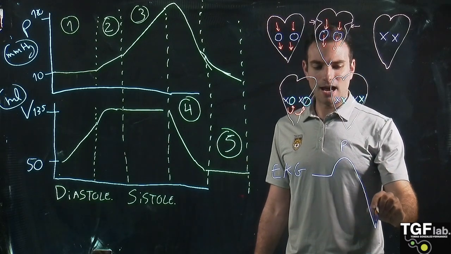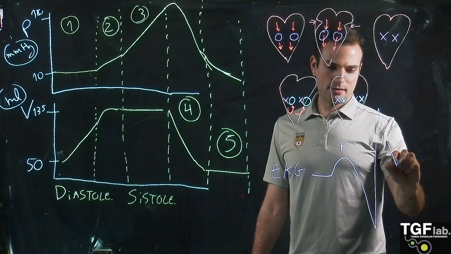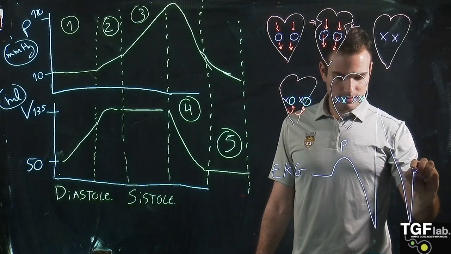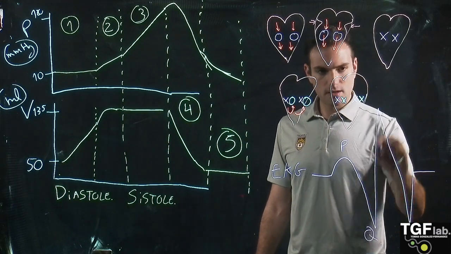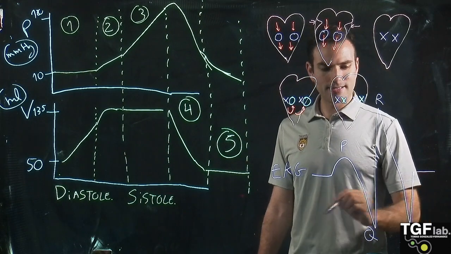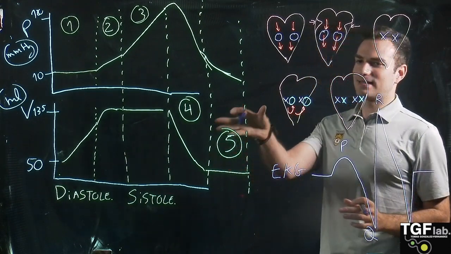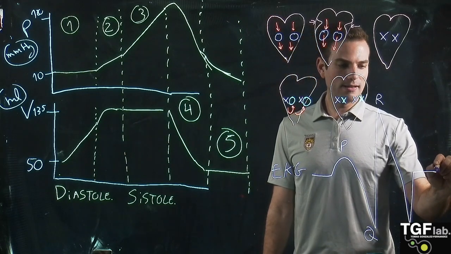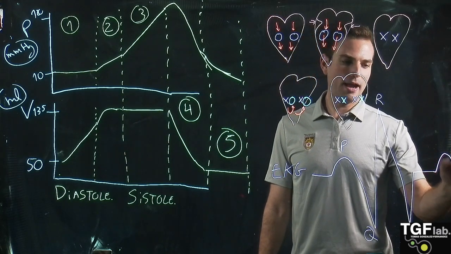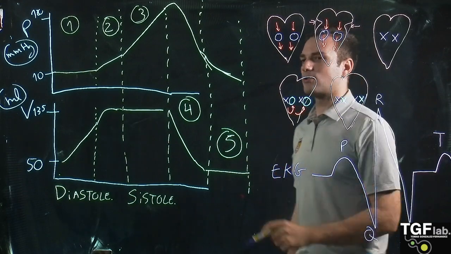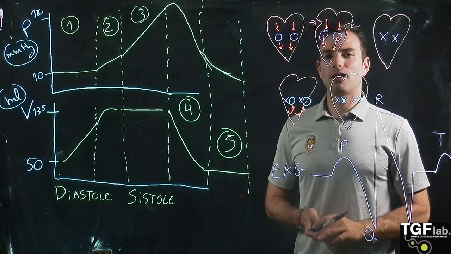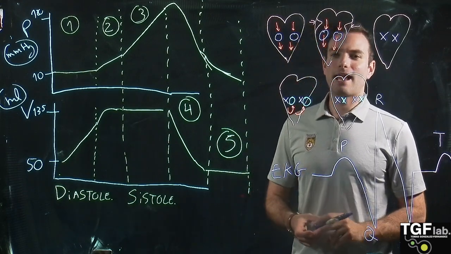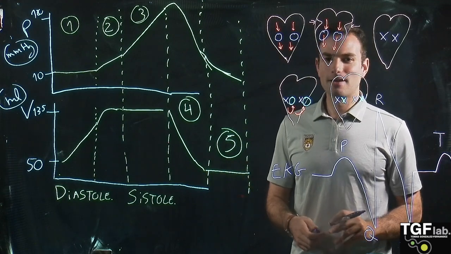Then we have the Q, R, S portion. That is the polarization of the ventricle and the ejection. And finally, we have the T wave. That is the full ejection of the blood, and the start again of the diastole.